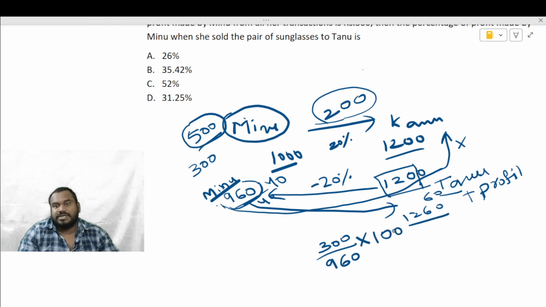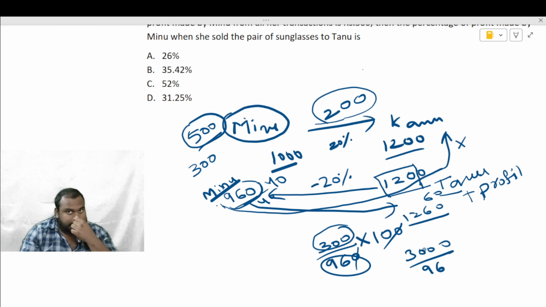But we need to find the percentage, right? So the amount of profit she got divided by the amount for which she purchased it, multiplied by 100 will give you the exact percentage of profit. So now the 00 gets cancelled. So it is 3000 divided by 96. I told you in the classes that for a number to be divisible by 3 or 9, if you add all those digits, that should be divisible by 3.